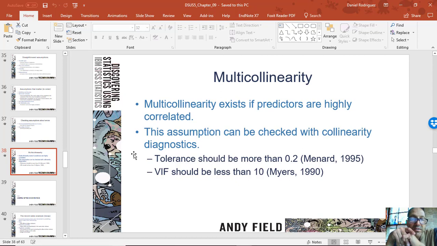So there's something called the variance inflation factor, and any value like that's high, it's around 10 or so, would be considered problematic. And tolerance is the opposite of that, so values should be more than 0.2. So these are just a couple of heuristics.